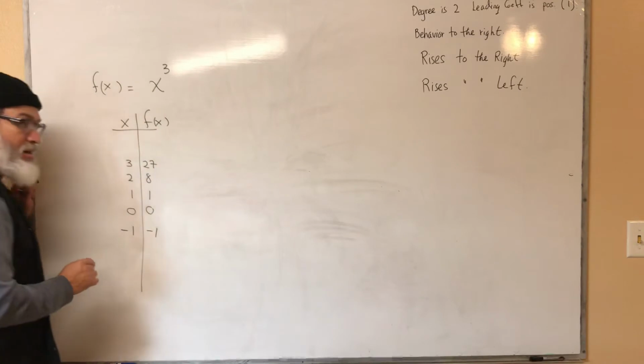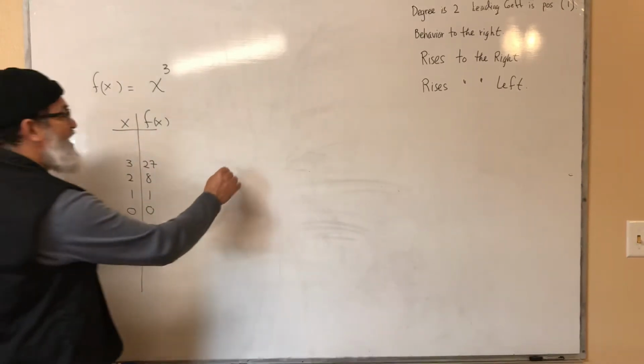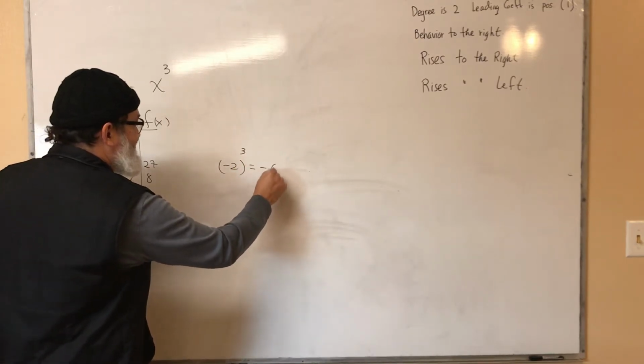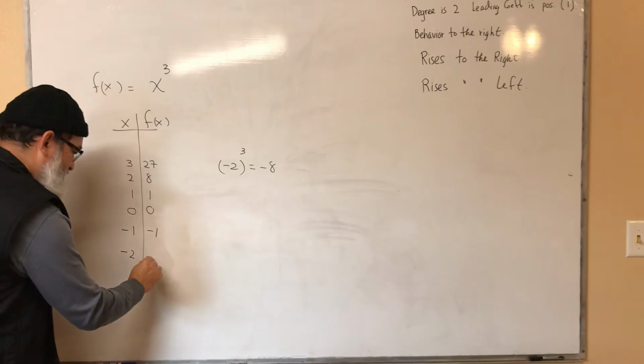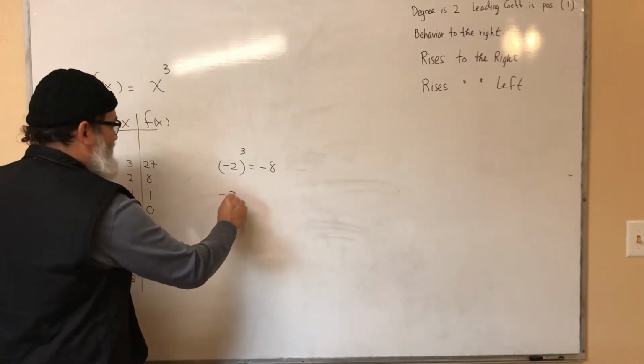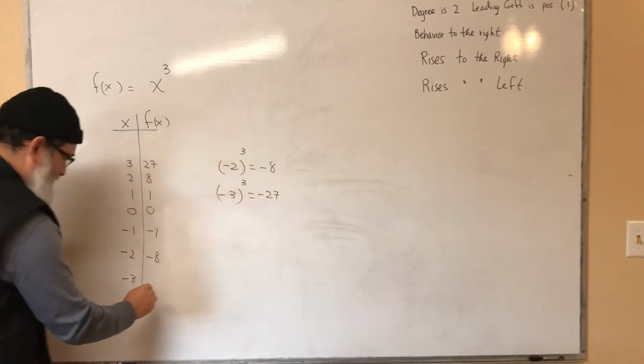Negative 1. Yep. What's negative 2 to the third power? Negative 8. What's negative 3 to the third power? Negative 27.